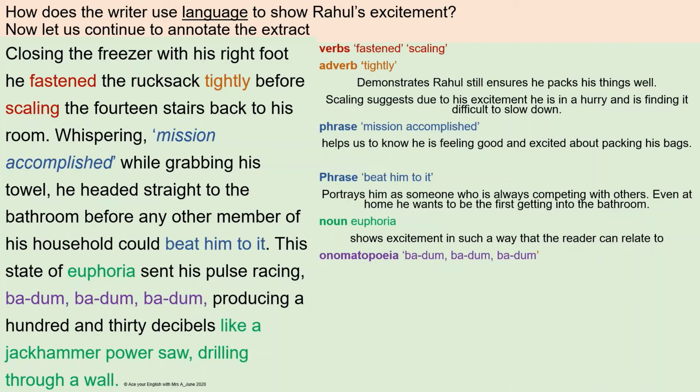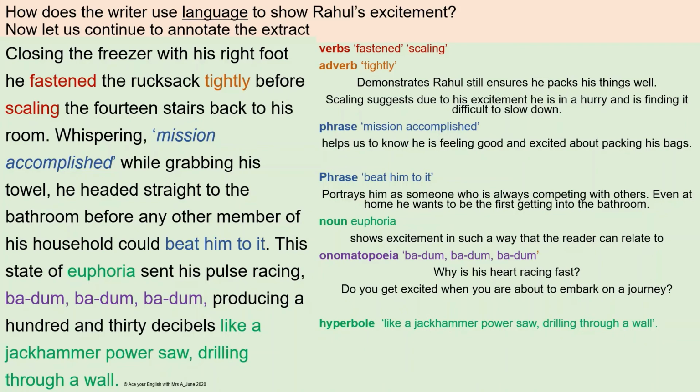It's talking about how our hearts beat. Now, if you put your ear in somebody's chest, you can hear those sounds there. But what is interesting in this particular one is how the writer has actually used them to show that he is excited. And probably you get excited when you are about to embark on a journey as well.